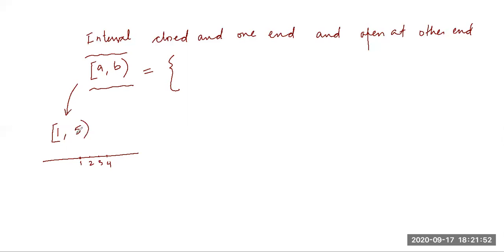But yes, that is if I talk about integers. If I talk about real numbers, even a number which is infinitesimally smaller than 5 will also be included in this set. Am I right?